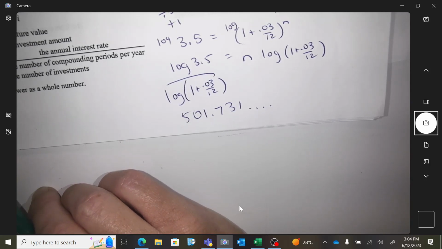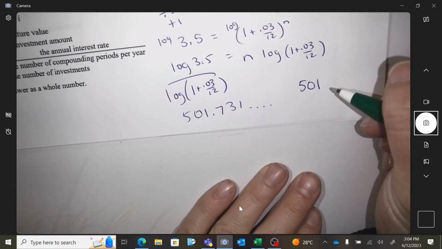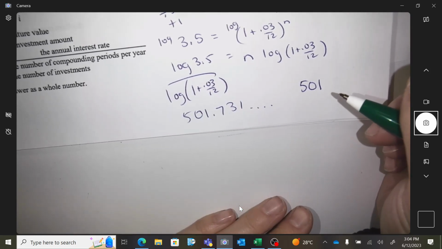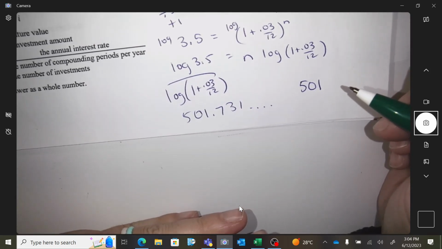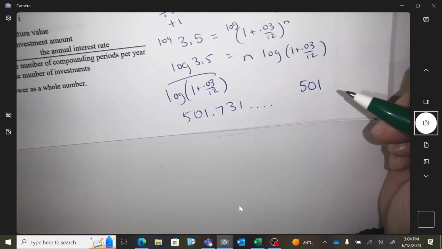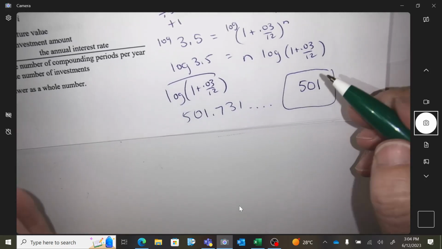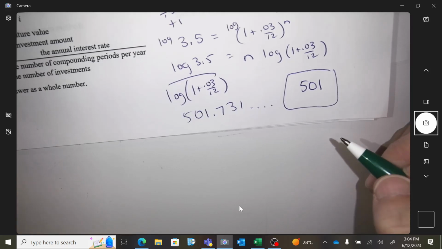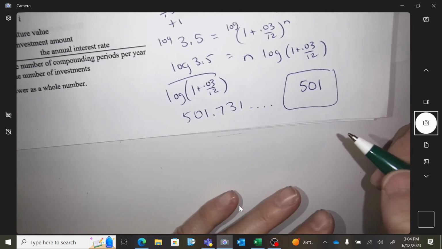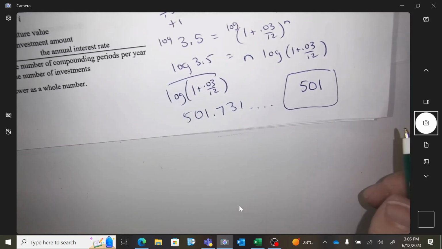How many payments of $50 would you make? 501 payments of $50, 502 payments altogether, but is your last payment $50? No, it's not. It's something else, something smaller, right? That's just all in the question, a little bit tricky.